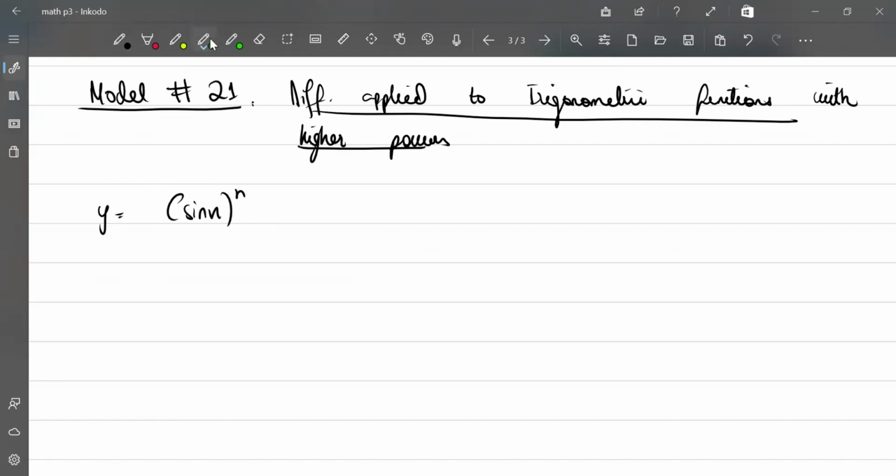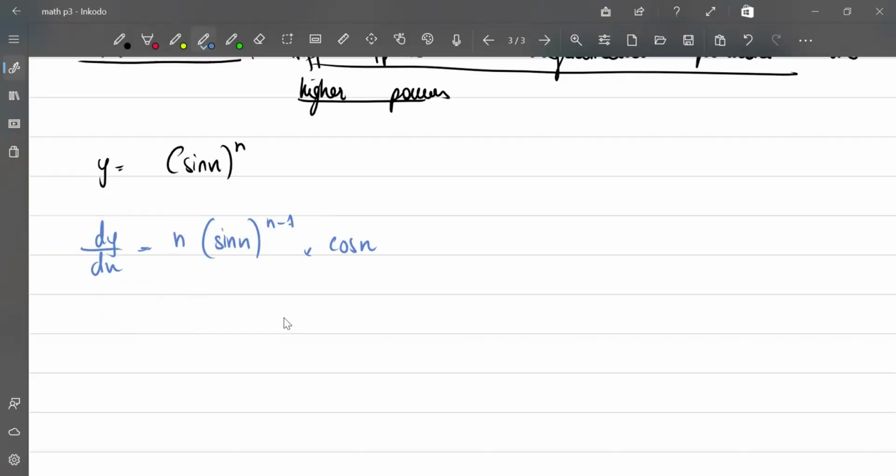There's no need to get confused. So dy over dx is n comes down, sine x to the power n minus 1 into differential of this bracket, as we learned in the earlier models, right? So this is how you differentiate them.